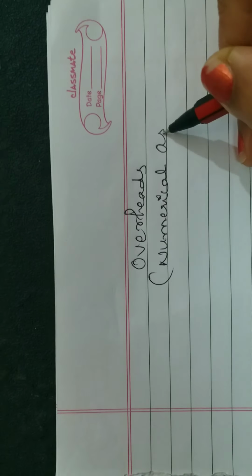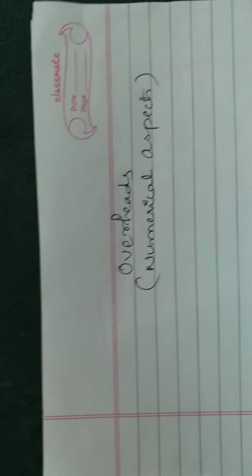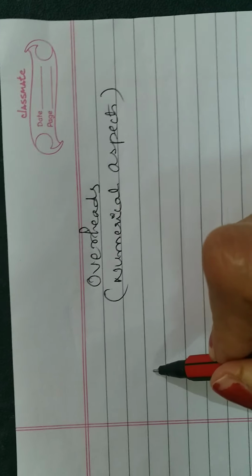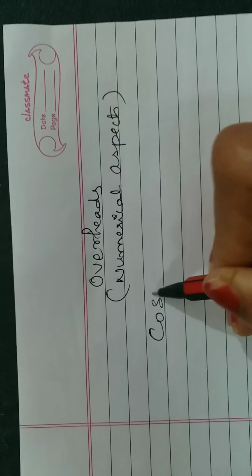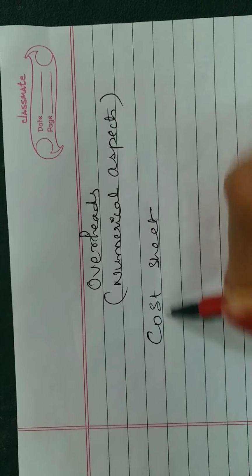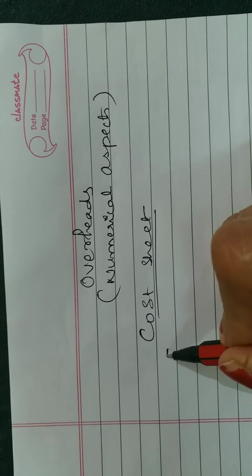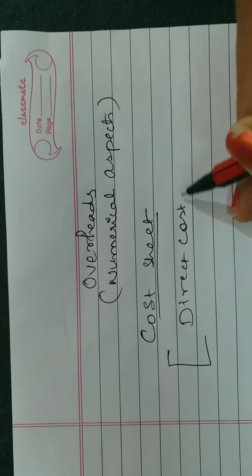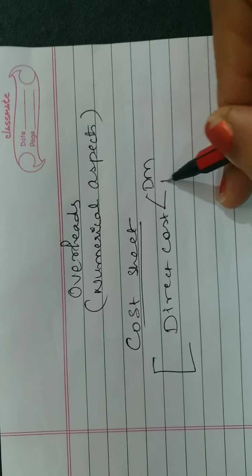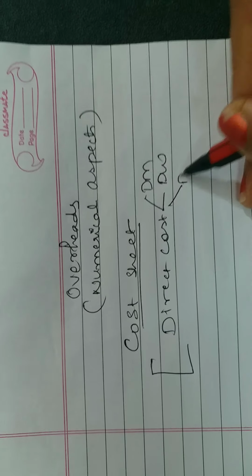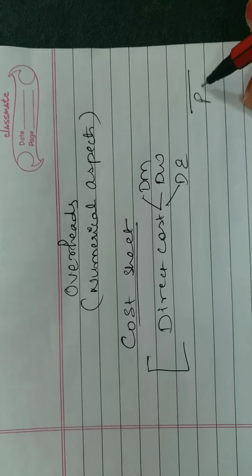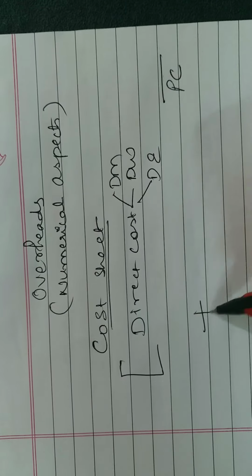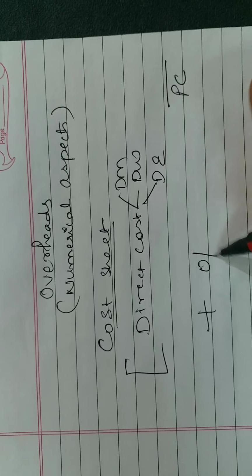So the numerical aspects part, the thing is, till now you know that we prepare cost sheet, and in cost sheet we write the direct cost component, that is the direct material, direct wages and direct expenses. We have the prime cost and then we add the overheads.